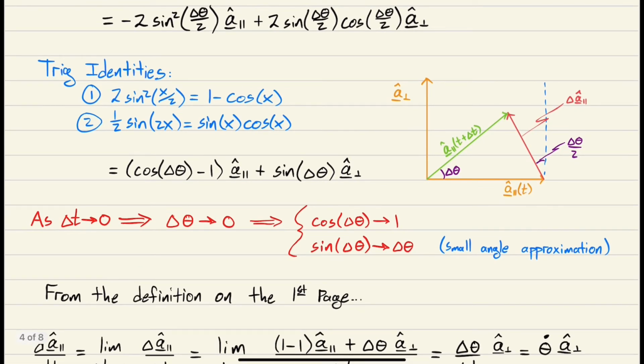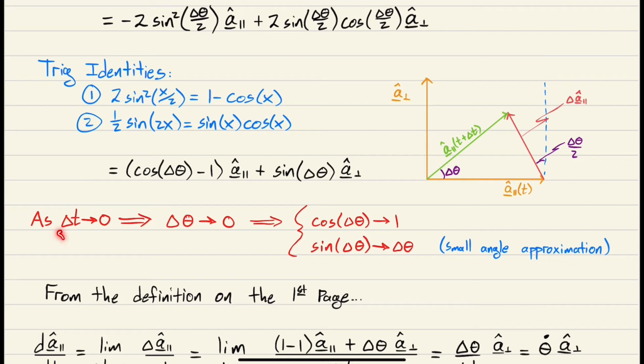Okay, now let's take a look at what happens when delta t goes to 0. So as delta t goes to 0, this green vector is going to get closer and closer to its original position until it's overlapping it. And you can see as delta t goes to 0, delta theta is going to 0, right? Because we're getting closer and closer to where we began, to our starting time.